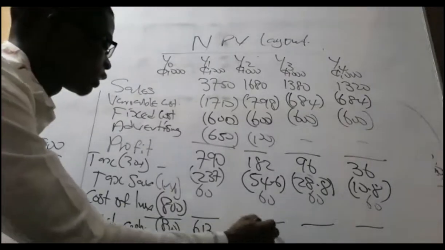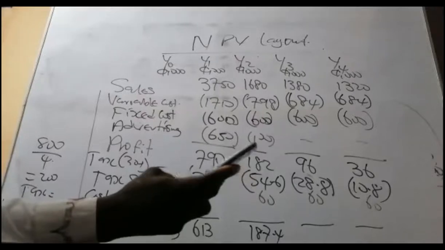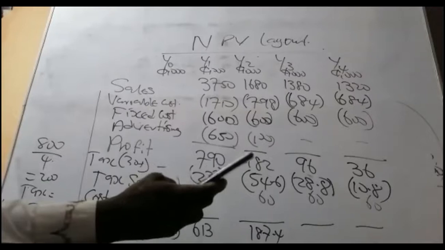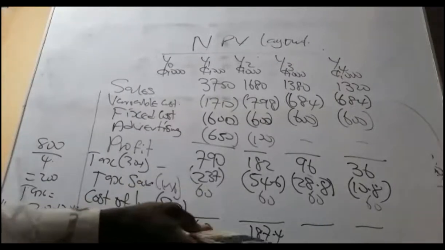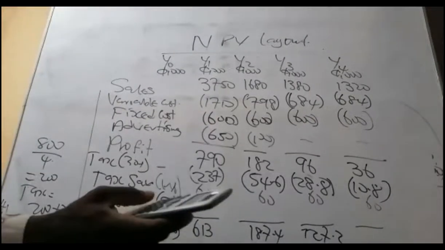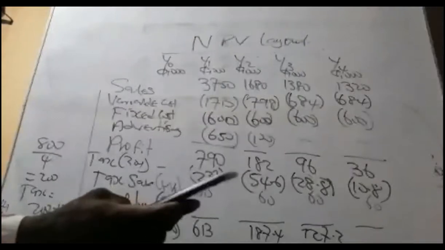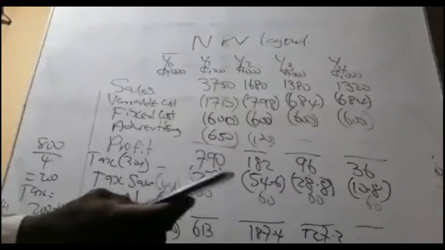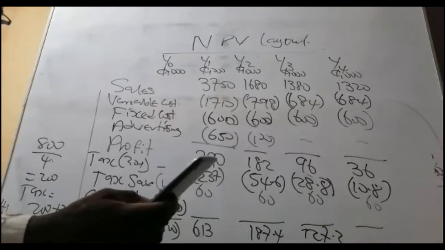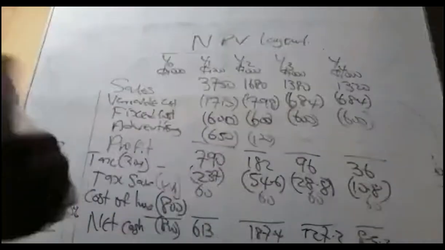That's 187.4. Then 96 minus 28.8 plus 60 is 127.2. And the last year, that's 85.2. Good.